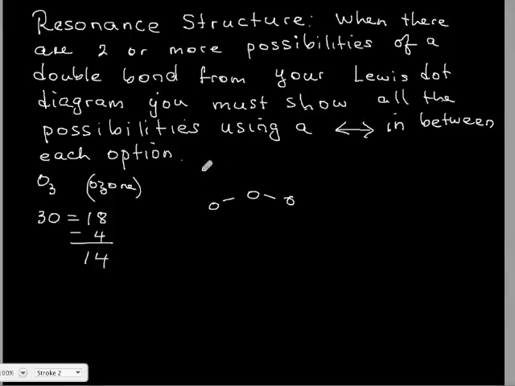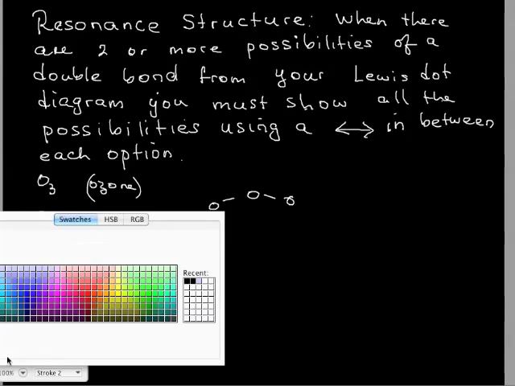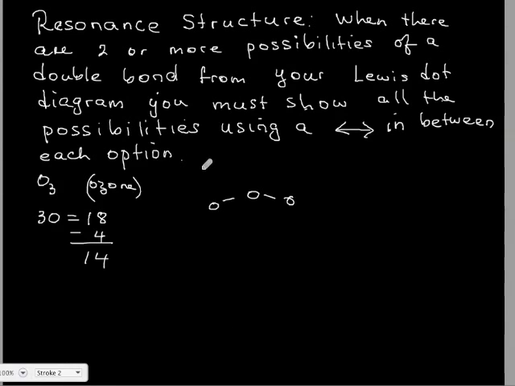Let's say this oxygen, as it stands, will need 6 electrons to complete the octet. This oxygen will need 4, and this oxygen will need 6, and you see that we don't have enough electrons. So if you were to put the electrons, you will find that you're short of electrons.